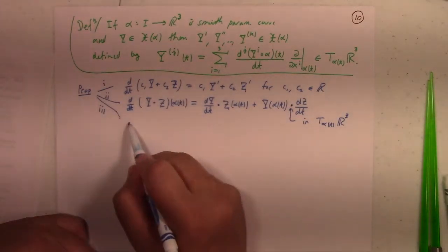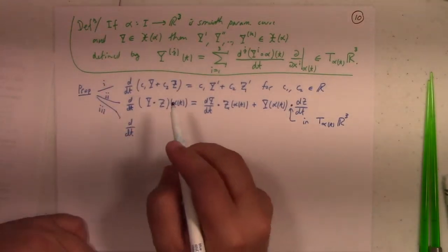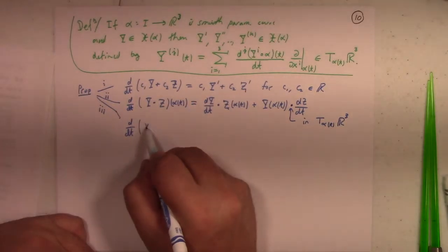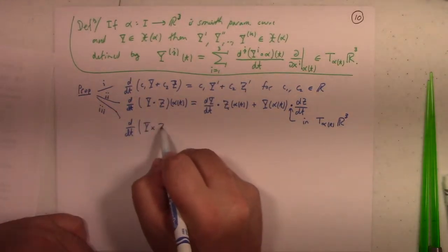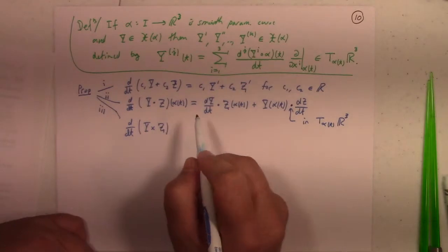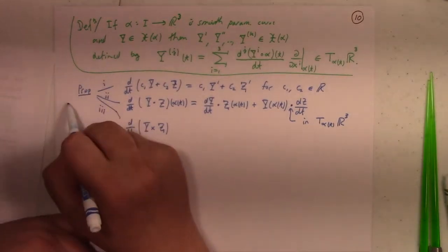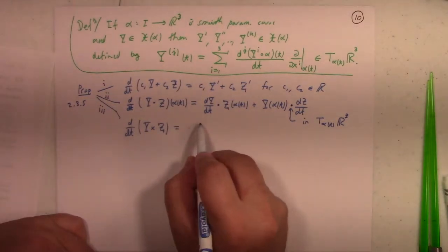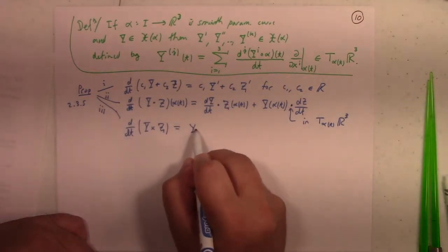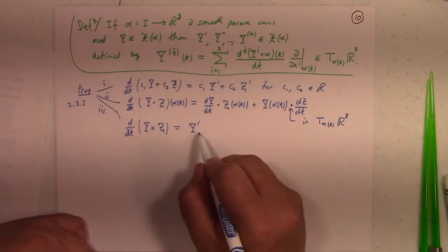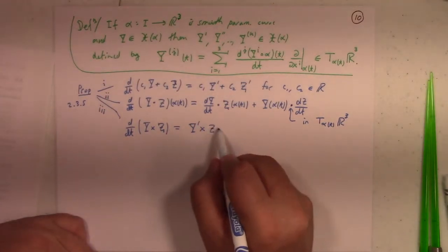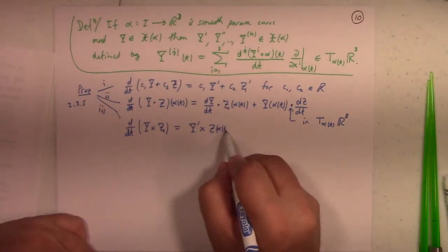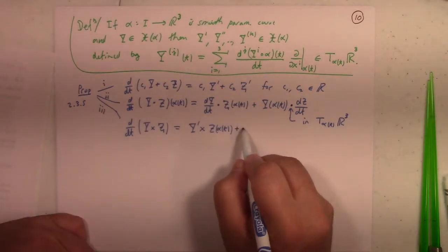And then finally, you also have the derivative of a cross product. Now we will be using these probably without so much as an attribution to this proposition, which is 2.3.5 in my notes. Now the proof, I'm going to write it as y prime if you don't mind. The proof of these, of course, of alpha of t, is pretty straightforward.